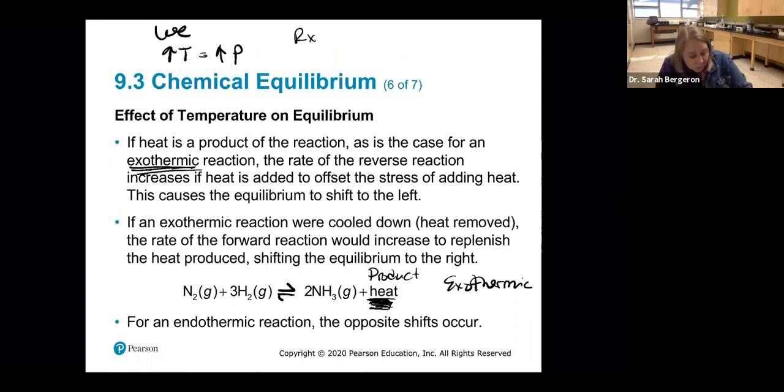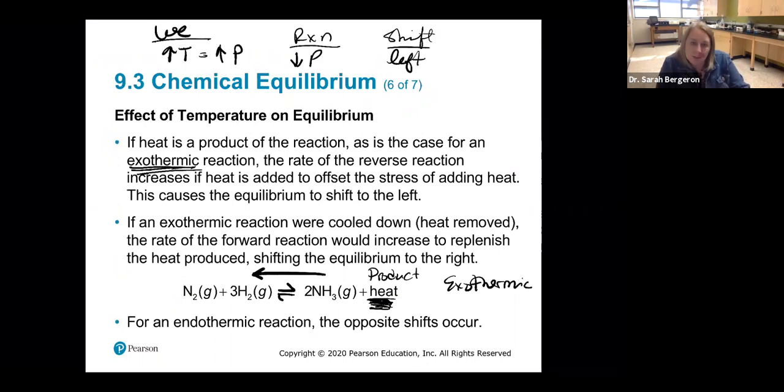The reaction wants to do the complete opposite. It wants to decrease the product. So what kind of a shift are we going to have? Well, how do we decrease product? We're going to go this way, right? So if we have an exothermic reaction and we increase the temperature, we're going to shift to the left.